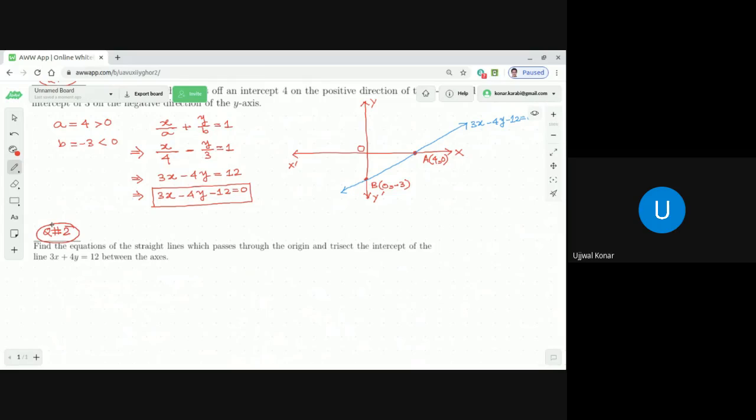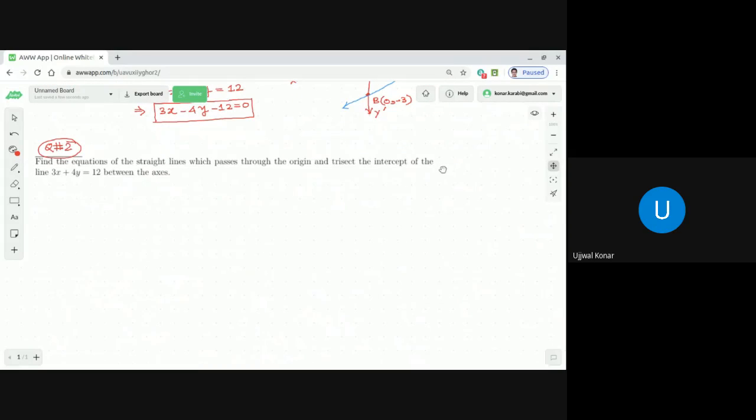Okay, here the question is: find the equations of the straight lines which pass through the origin and trisect the intercept of the line 3x plus 4y is equal to 12 between the axes. Very good question. So let's first make a visual representation of this question before we proceed further.